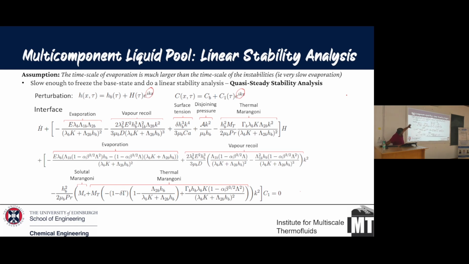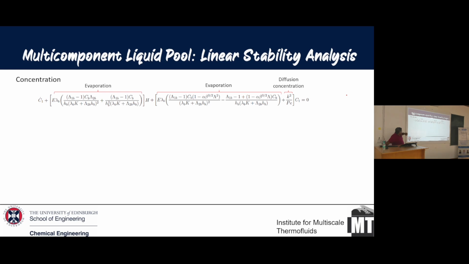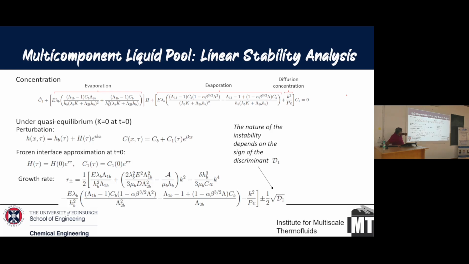This is the stability equation for the interface, and similarly you will get a stability equation for concentration as well. The idea is, as I mentioned, the stability analysis. You already have answers of how your interface structure develops with time.